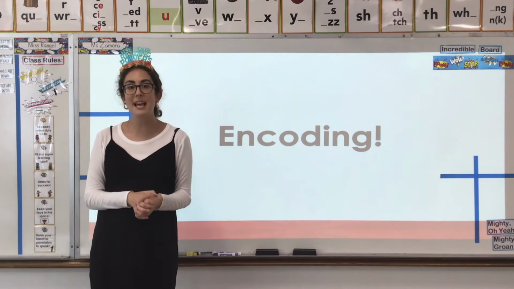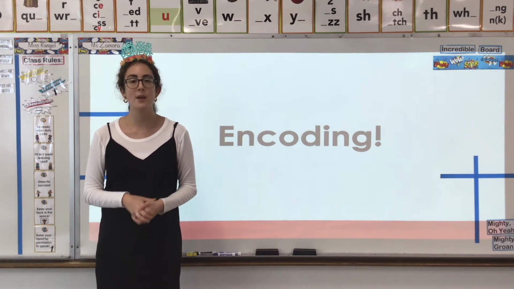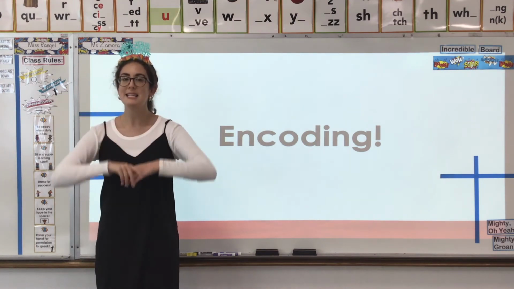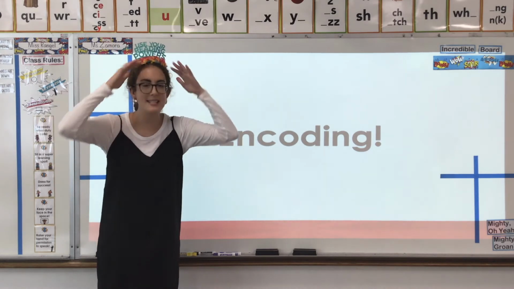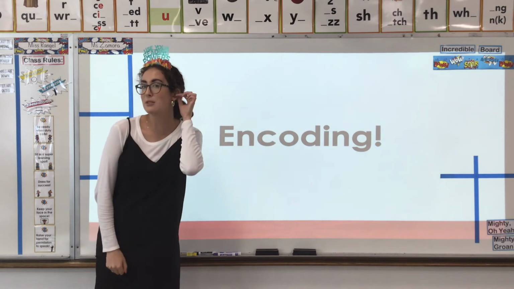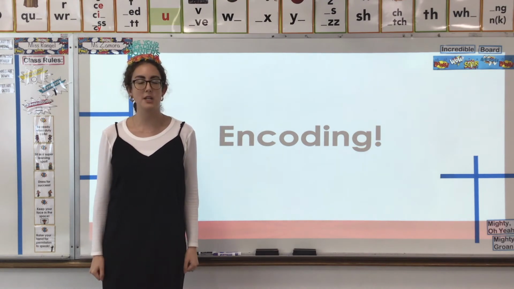And so, just like we mentioned in our learning target, to spell that oi sound, it depends on where the sound is in the word. That's what we're going to have to pay close attention to.